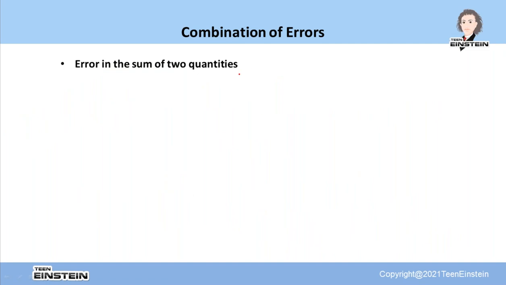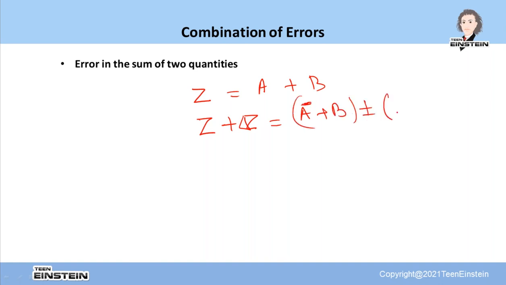So I'll just clean everything. I had taken a and b, two quantities. So when you measure both, you will get delta z, a plus b, plus or minus. See, this will always be positive in between. So delta z, the error in this quantity, this is delta a, this is delta b.